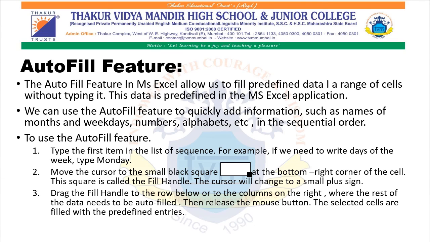Place the cursor over it, the plus sign will appear, and drag it to the rows below the cell, and then the entire selected cell will be filled with the sequence of numbers. So this way you can use the autofill feature.